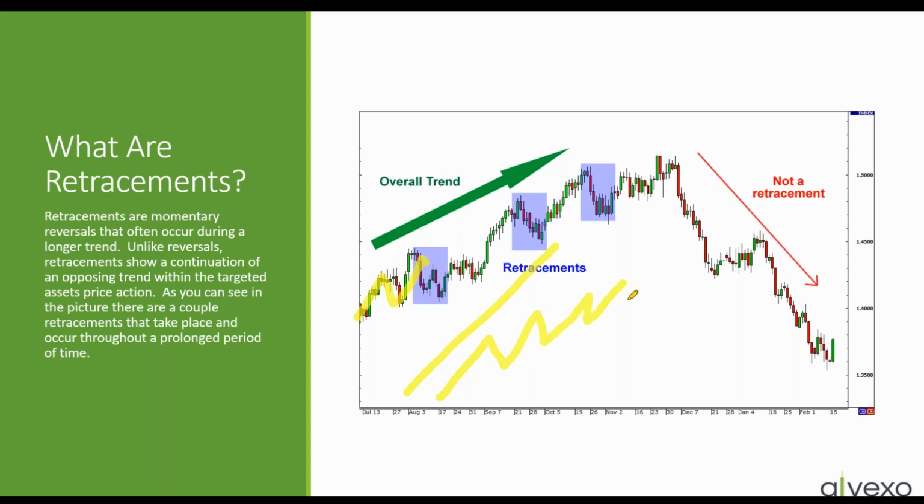I want to see these retracements. So retracements are momentary reversals that often occur during longer trends. Unlike reversals, retracements show a continuation of an opposing trend within the targeted asset's price action. So as you can see, there are a couple retracements that take place and occur throughout a prolonged period of time.